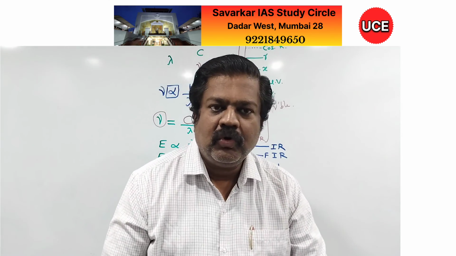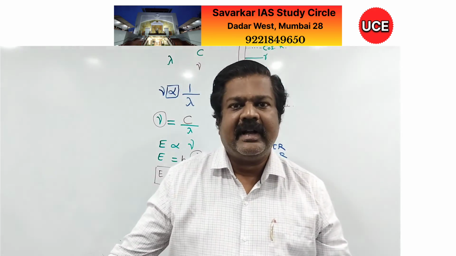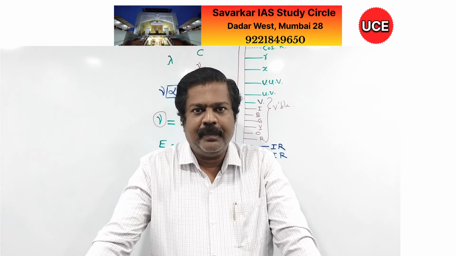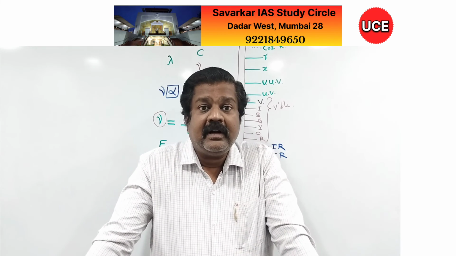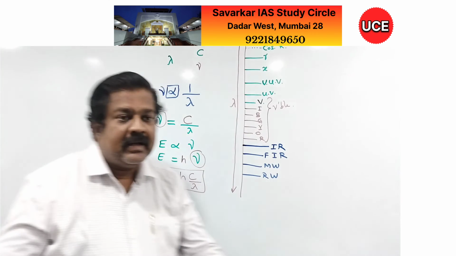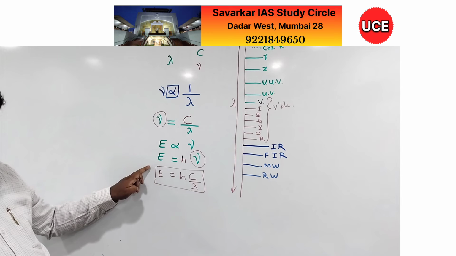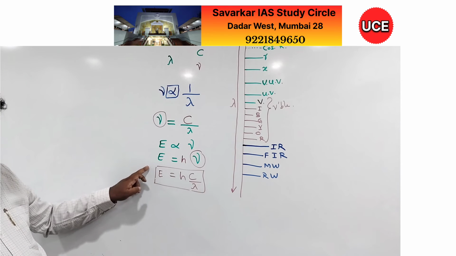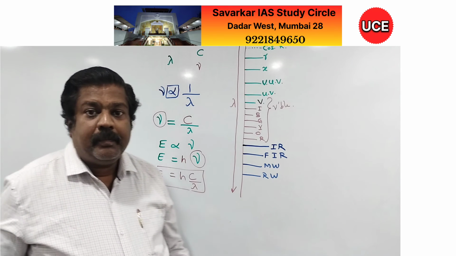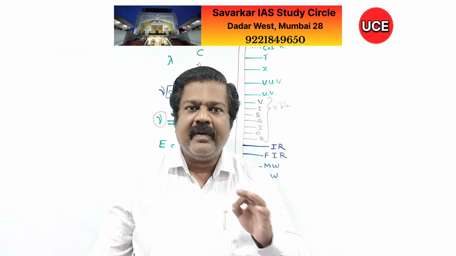Again and again I want to tell that when we were discussing J.J. Thomson's atomic model or Rutherford's atomic model, we said that they are not able to explain spectra. The thing is that every radiation, whatever the wavelength, is associated with energy. And a particular element emits only a particular wavelength.